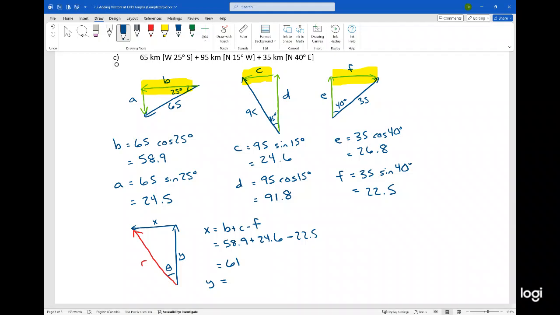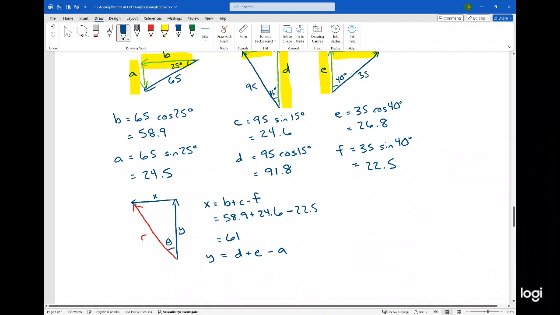So that's going to be D plus E, since D is north, E is north, and subtract A. So D plus E minus A. That's 91.8 plus 26.8 minus 24.5.